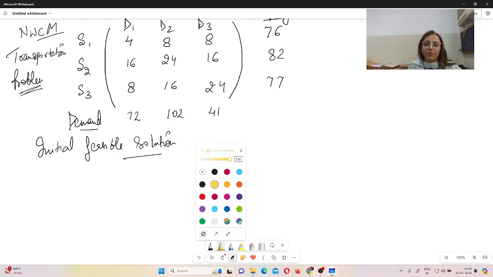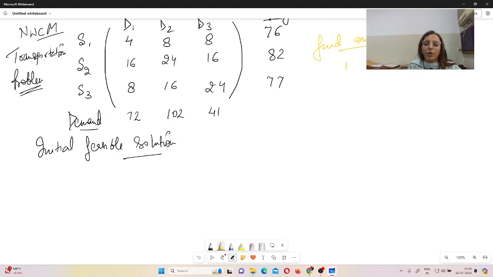So we have to check whether the total demand and supply are the same, whether the question is balanced or unbalanced.